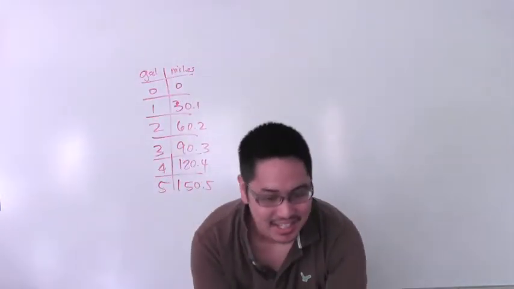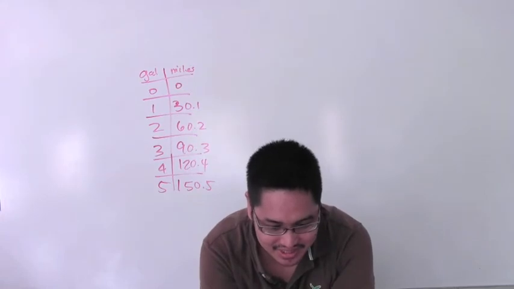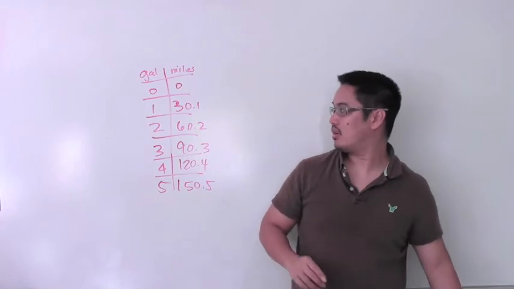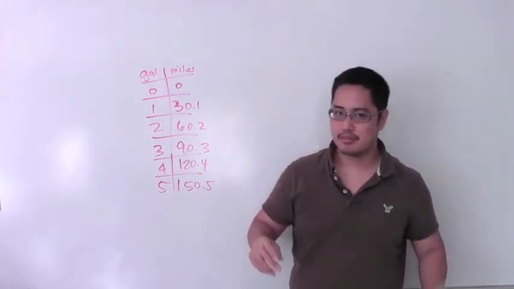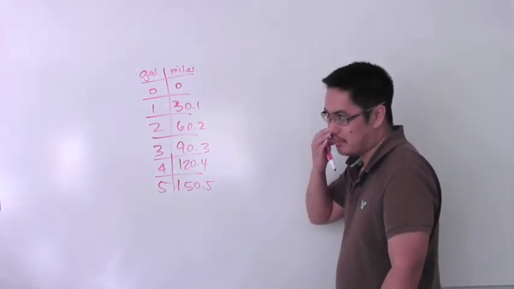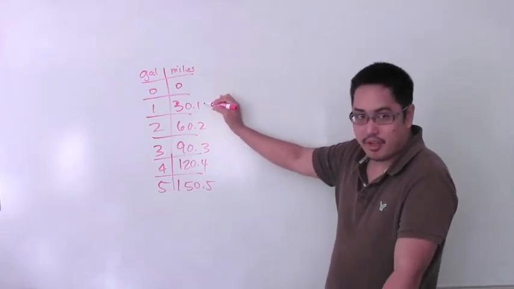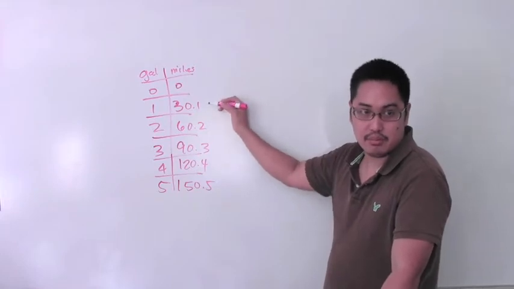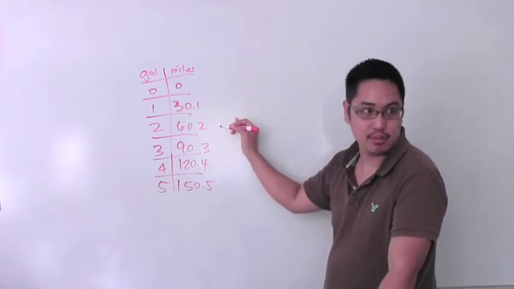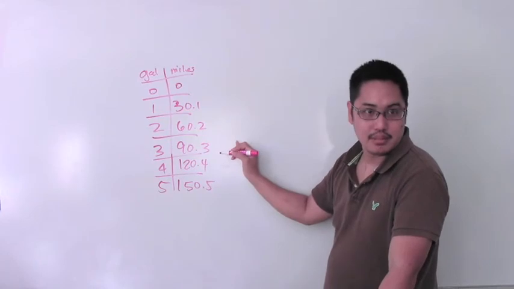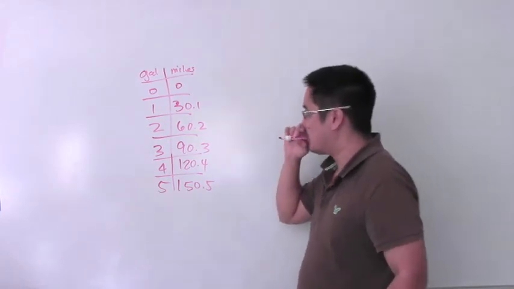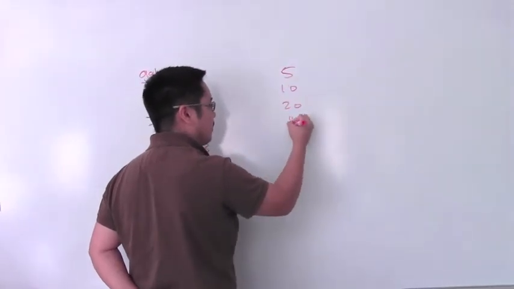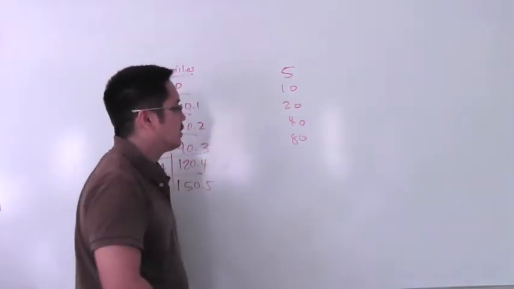Wait, this looks like that one that you said wasn't a linear function because it doubled. No. With the other one, you took the number above and you multiplied by 2: 5, 10, 20, 40, 80.